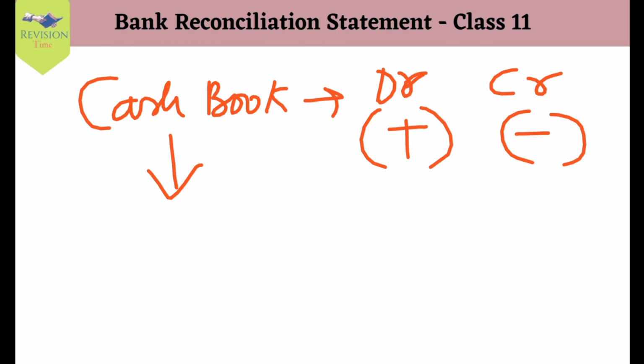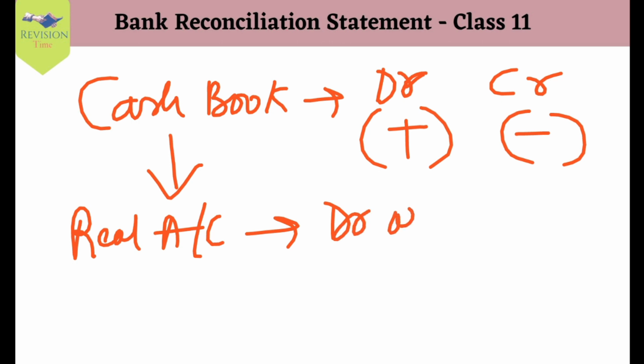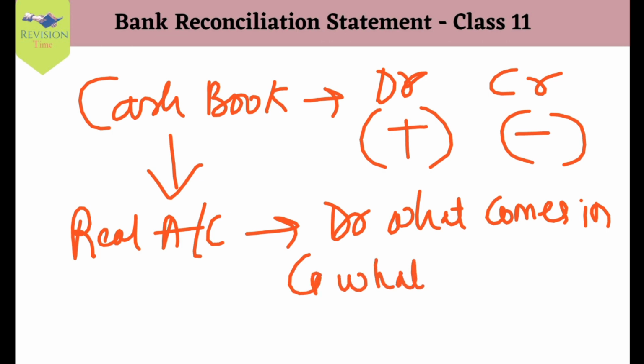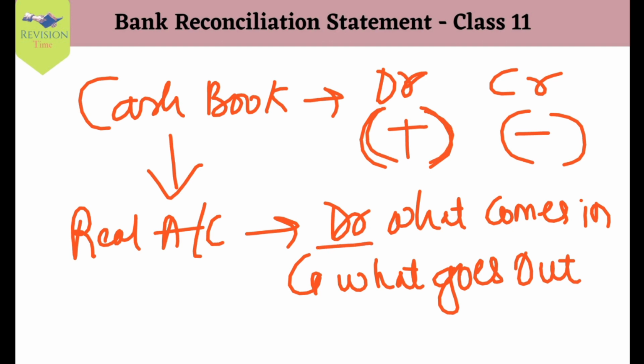If we analyze this, cash book is a real account, and according to real account, debit what comes in and credit what goes out. So whatever comes in is added and whatever goes out is subtracted. So according to cash book, we have to always remember that debit means plus and credit means minus.